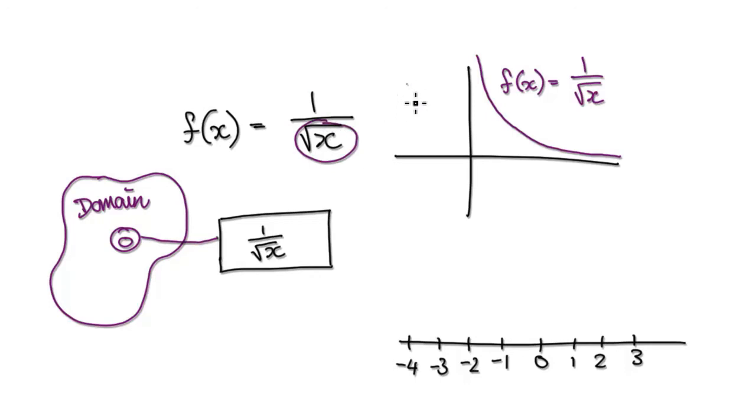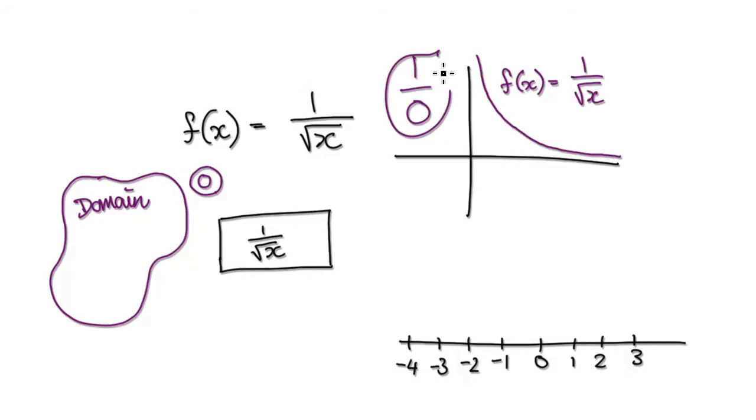But when you come to do 1 over the square root, 1 over 0, it breaks down. So the whole thing will break down. So the number 0 is not in the domain, because of this 1 divided by thing. You can't divide by 0. So 0 is not in the domain, and also any negative will break the machine down.